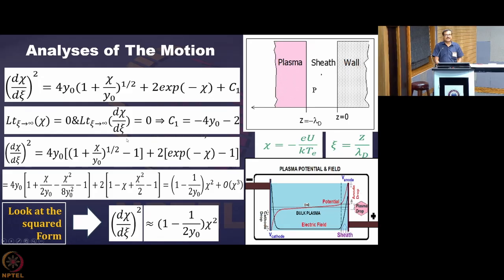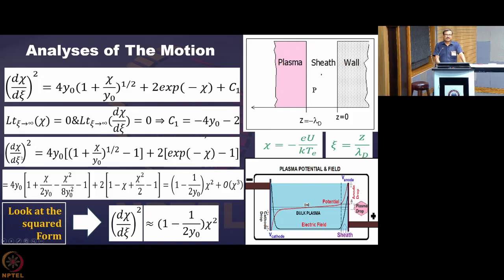If that is the case, then with chi equal to 0, C1 is equal to 4 minus 4y0, because this is on the same side, and this one gives minus 2. You put that over here and you get this expression.